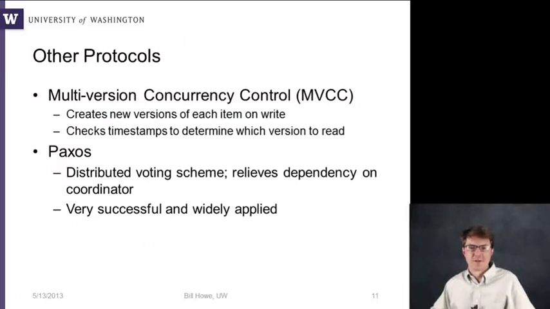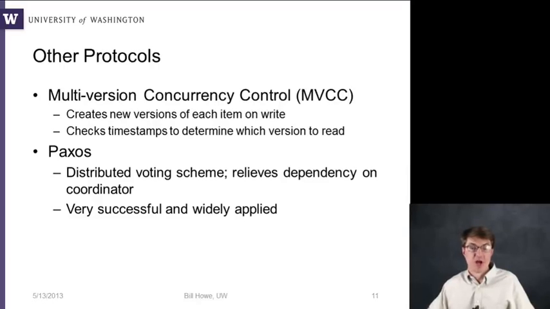So other protocols that I'm not going to talk about in too much detail include multi-version, but you will see in some of the papers mentioned, multi-version concurrency control, where each write creates a new version of the data item, and the legality of a read is determined by checking the timestamp of the read transaction versus the current timestamp of the version that you're trying to read.